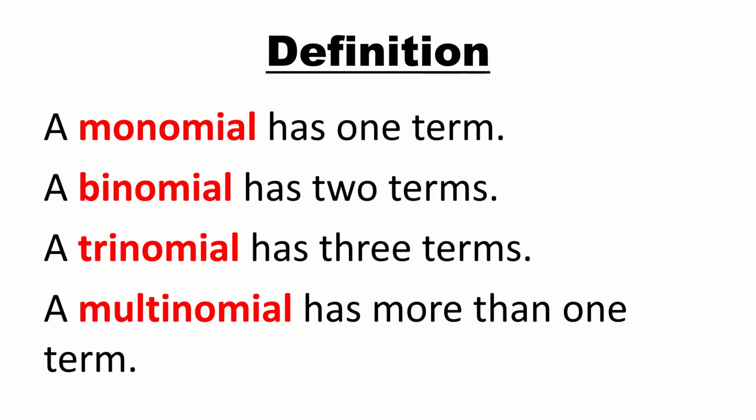So here's the definition. Monomial has one term, binomial has two terms, trinomial has three terms, and multinomial has more than one term. But when we have two terms, we can call it multinomial actually, but we better say binomial for it to be different from others.